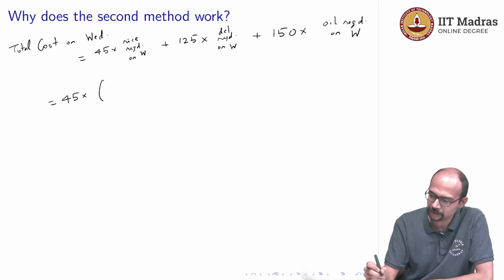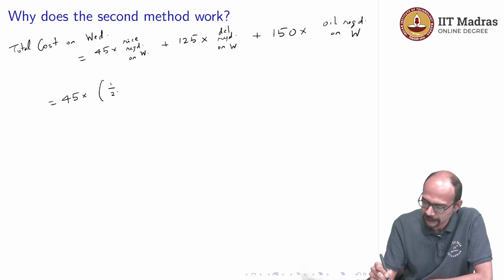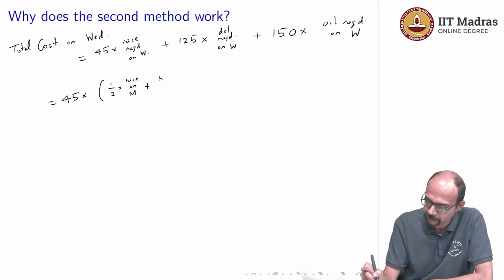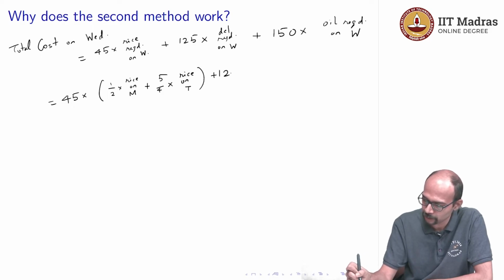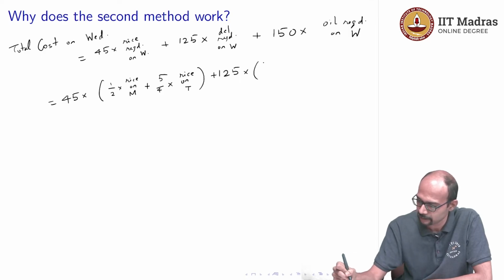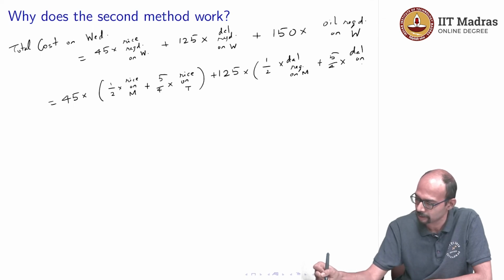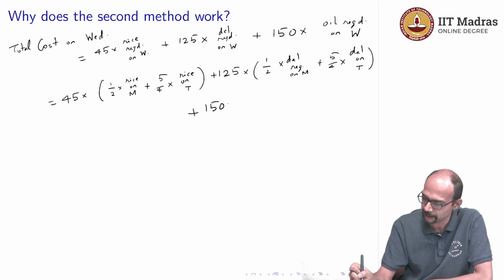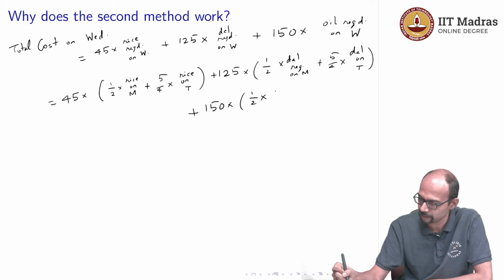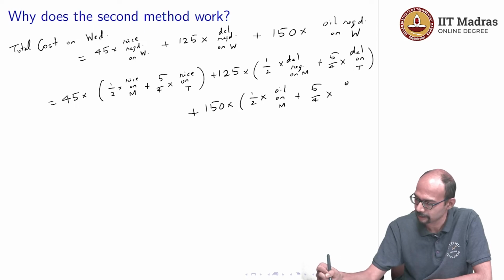Right. But how much rice was required on Wednesday? Well, we just saw that is half times the rice on Monday plus 5 by 4 times the rice on Tuesday, and we can do the same thing for dal and oil. So this is half times the dal required on Monday plus 5 by 4 times the dal required on Tuesday, plus 150 times half times oil on Monday plus 5 by 4 times the oil on Tuesday.